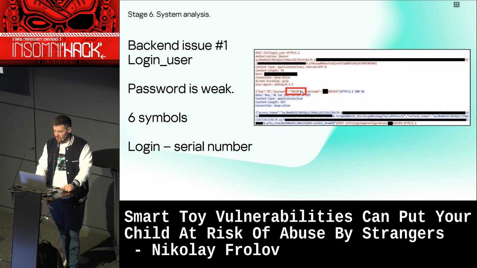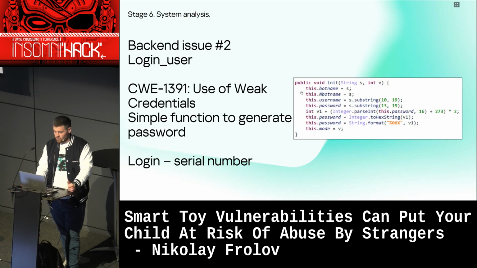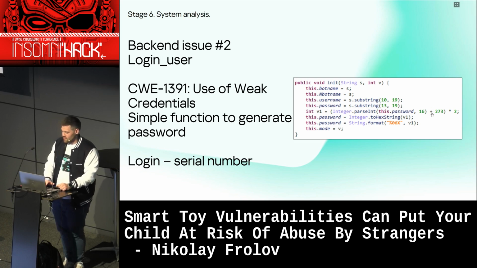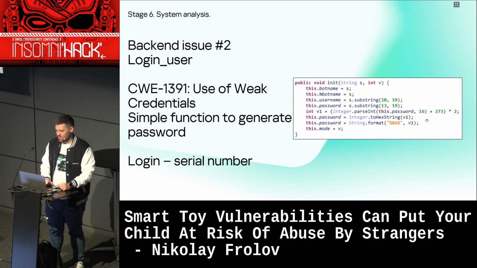Next thing that we found, security issue number 2, is the function of how they generate a password. You can see this function. They take the serial number, add a digit, and take it in a hex format.